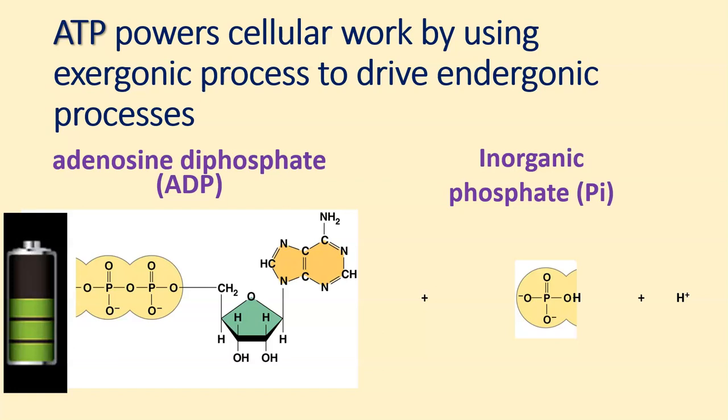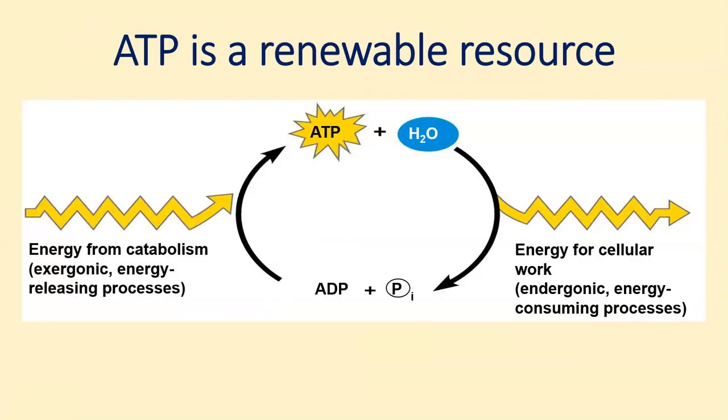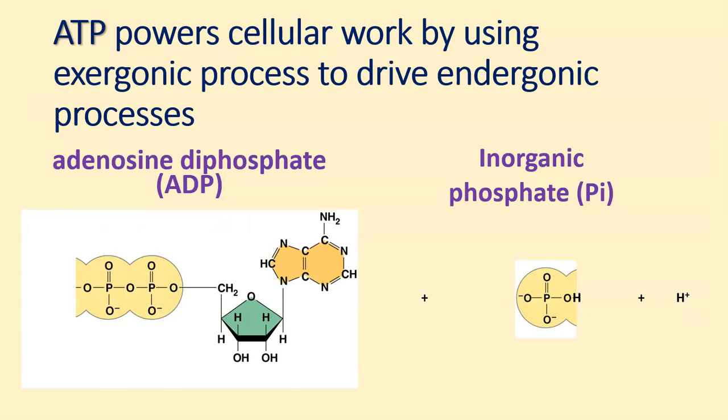So it's actually the movement of the phosphate group. The way that the ATP drives the endergonic reactions is through phosphorylation. So that phosphate group can be added to other molecules to provide that energy. We'll see how this relates to specific reactions as we get into other topics in the class.